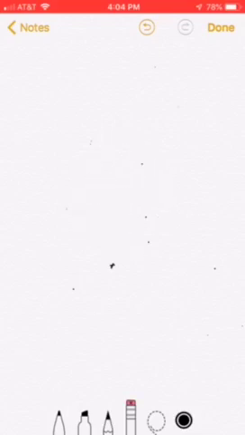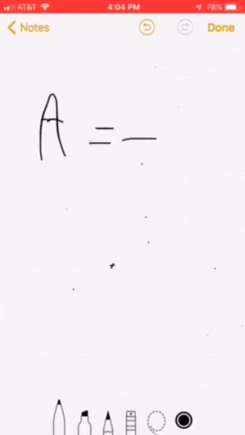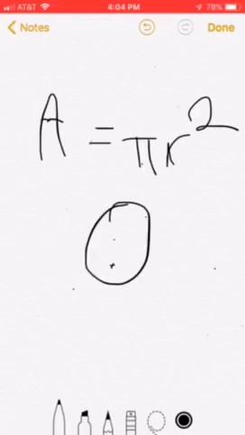So let's get started. That's one of our formulas. Our second formula is A equals pi r squared. If you don't know what pi is, you can see it in my next video. Now, let's say that the radius of the circle is 3. Okay, so we can say that the area is pi 3 squared.